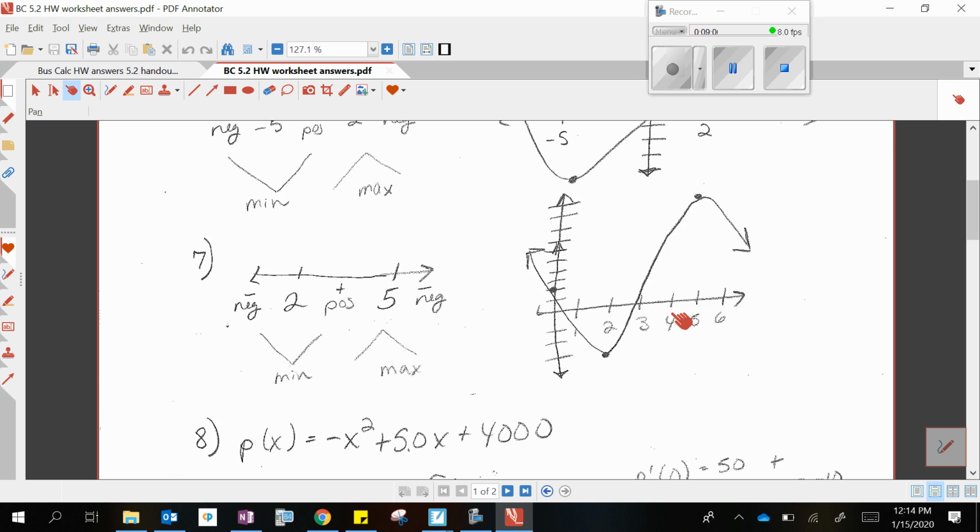Okay, and then the last one, I just want to talk about 7. It gave you just an extra piece of information, right? It told you f of 2 is -3, f of 5 was this, but then it also told you f of 0 was 2. That was giving you the y-intercept to help you make a more accurate graph.